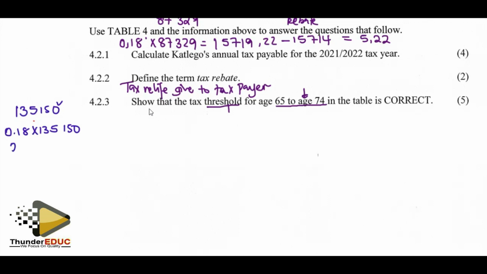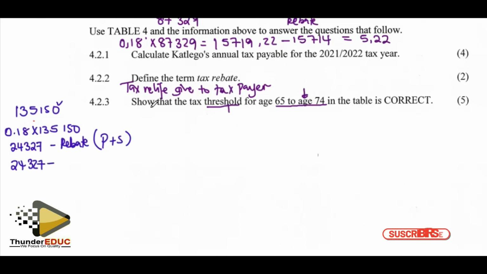If they pay that much as tax, we remove the rebates. Remember, these are for 65 and 75, so there are two rebates that you remove, the primary and the secondary.